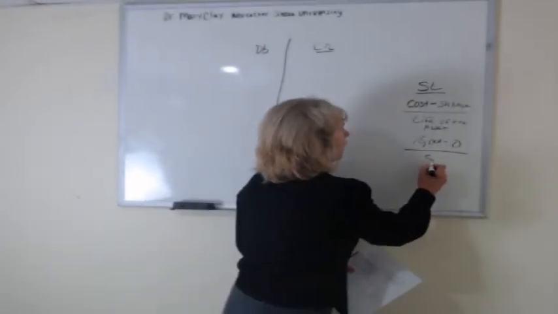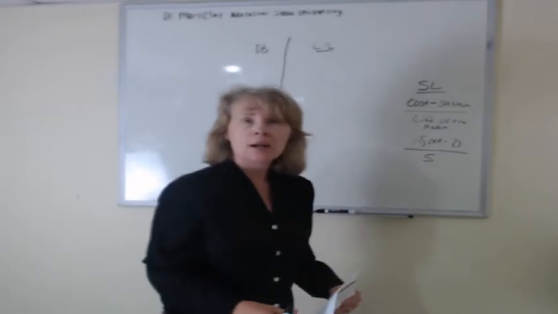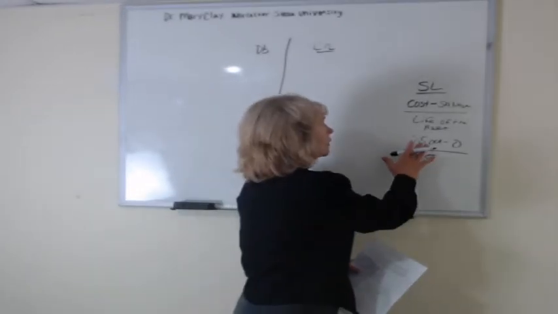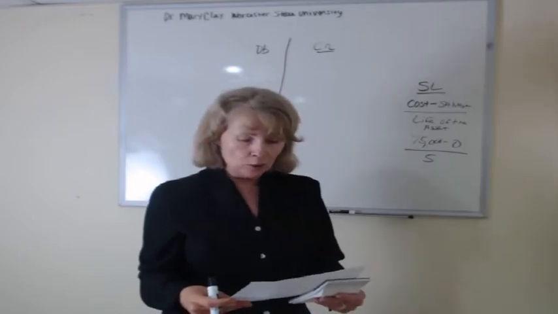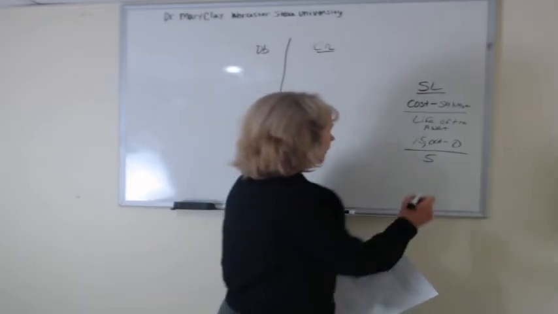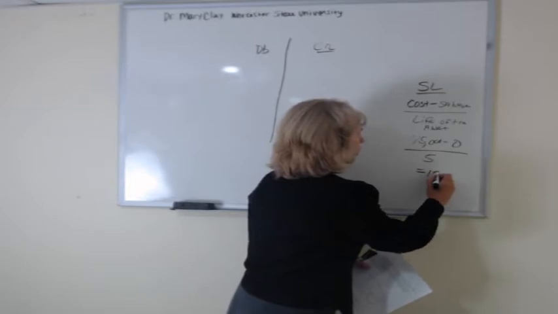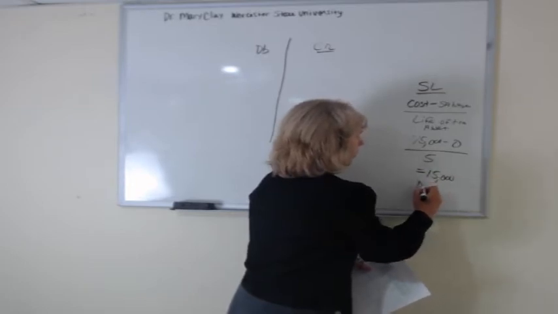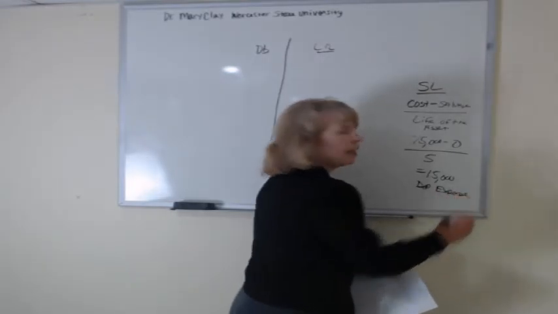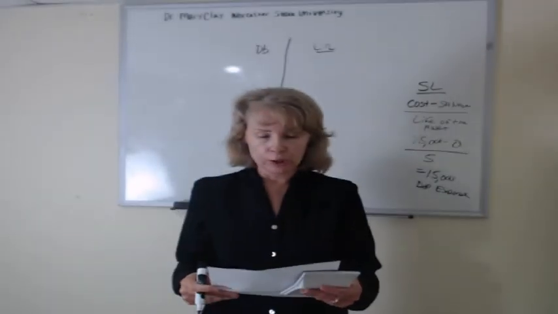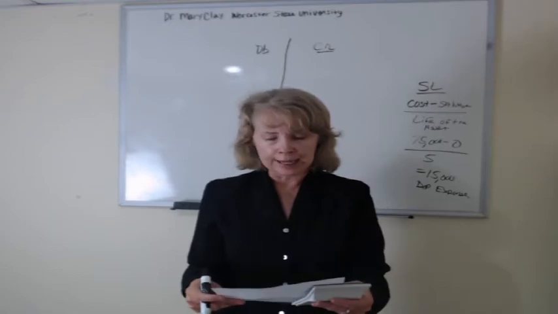It's lasting 5 years. Okay? So in your calculator, you're going to take 75,000 divided by 5, and that will give you 15,000. So the depreciation expense is going to be 15,000. You have to really do that first before you do this problem, just so that it will make it easier.